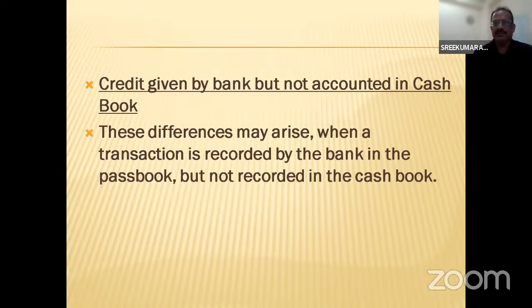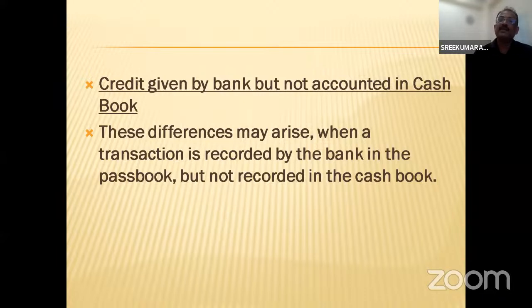Suppose it is a month end. On 31st, the bank gives you some 1,000 rupees as interest. That amount will be credited to the bank account, but in the cash book it will not be credited. So there is a difference. In one place you are getting some cash; in another place you are not getting the cash. This is another situation of imbalance in the closing balance.